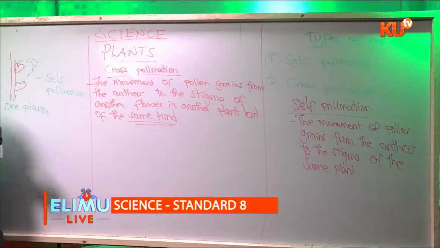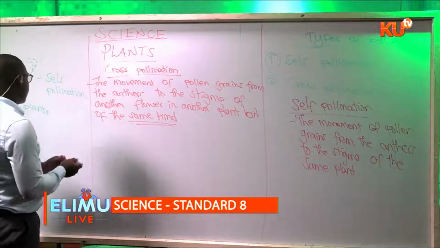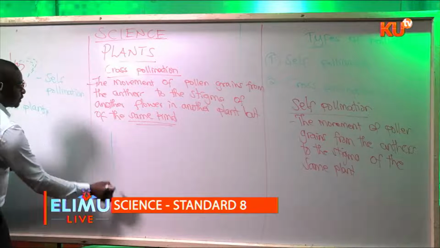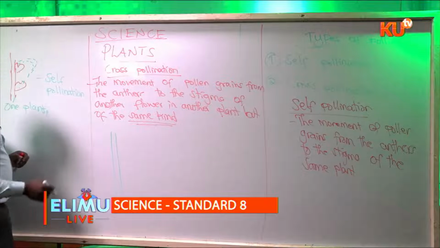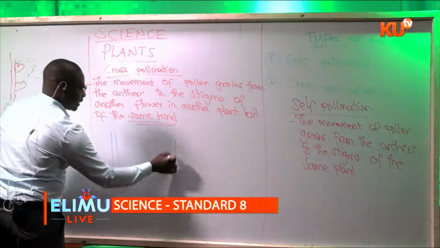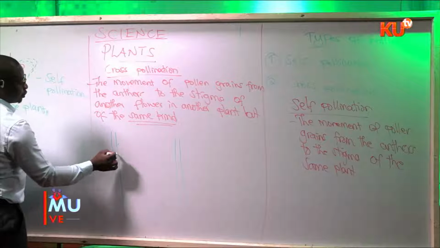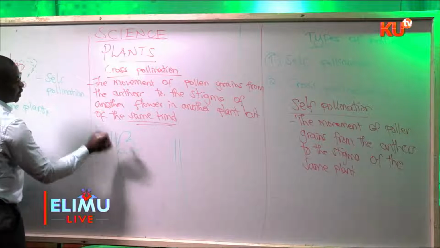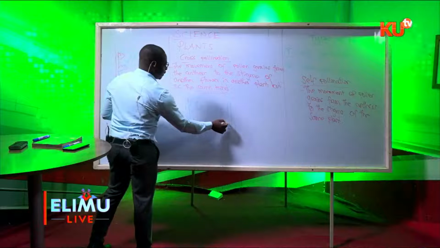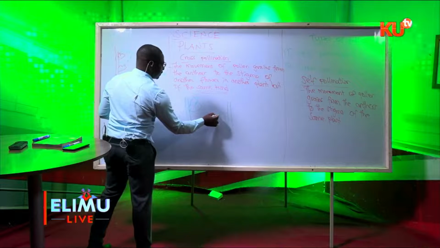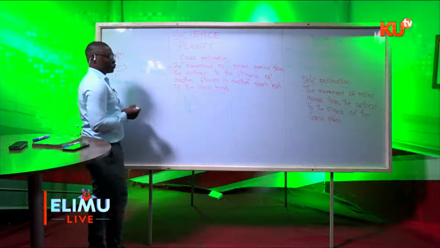So in cross-pollination, we are going to have two plants involved, unlike self-pollination. That will be plant number 1, and that will be plant number 2. We can have this example to show a flower, and another example to show a flower.